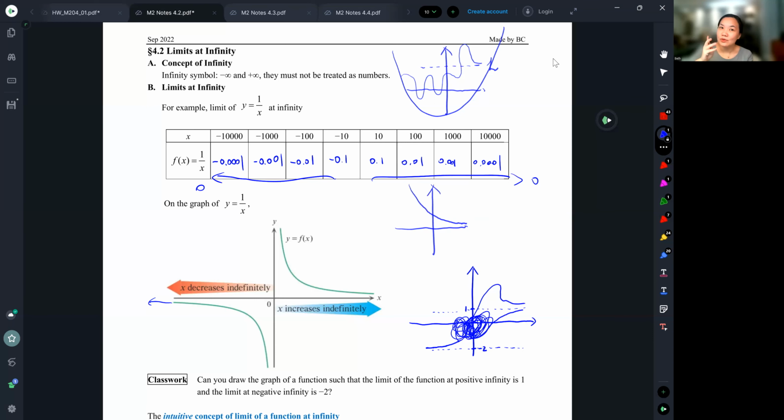And we also had a name for this type of feature, where I call the curve asymptotic to the straight line. Or you can say the straight line is an asymptote to this curve.